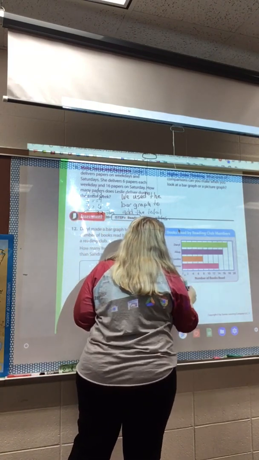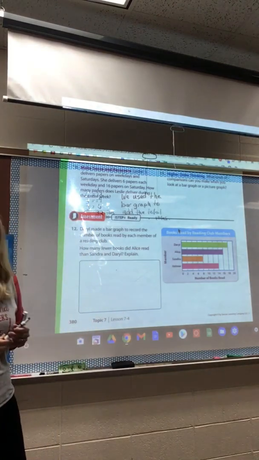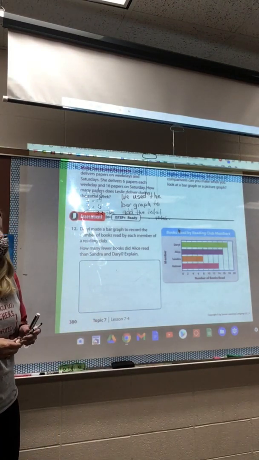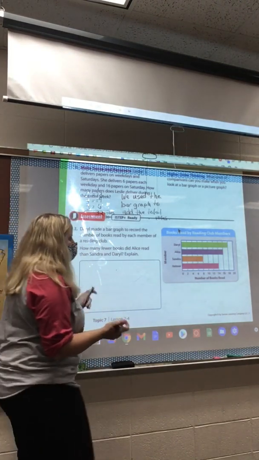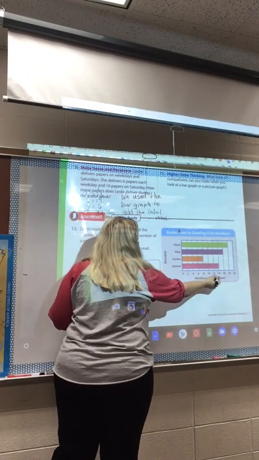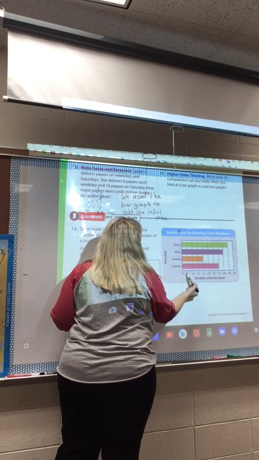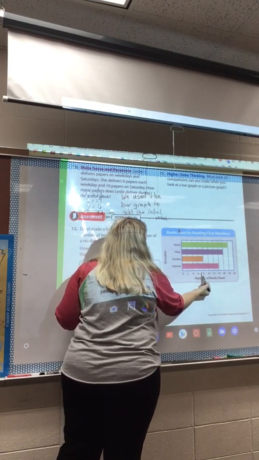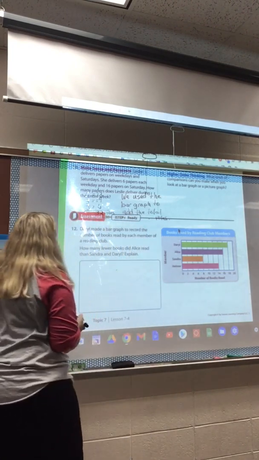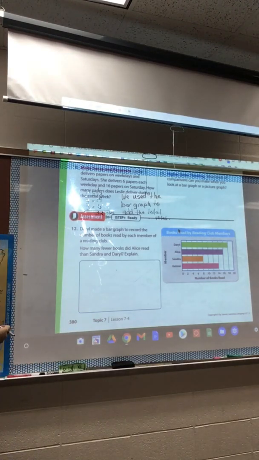And number of books. What's my scale on this graph? What am I counting by? 2s. I'm counting by 2. So that means if anything would hit in the middle, which it doesn't, it would be the odds, right? 1, 3, 5, 7, 9, and so forth. Okay? So I feel like we're ready. Let's see if we can do it.